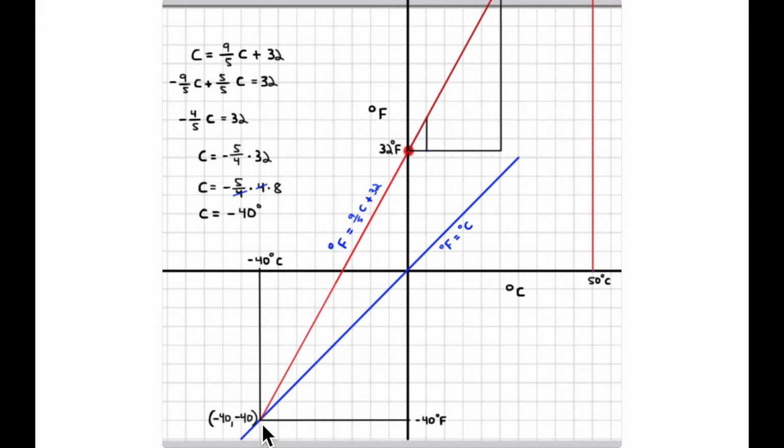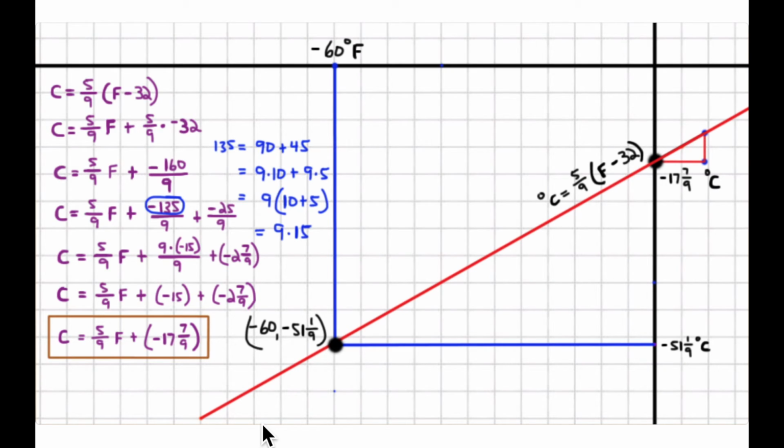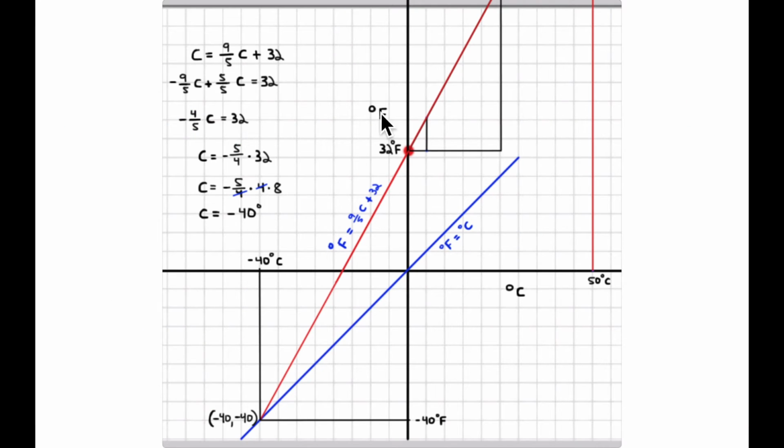So it makes sense. Now if you flip this around, and you look at this graph in terms of Celsius in terms of Fahrenheit, now Fahrenheit is going to be on the x-axis. A moment ago, Celsius was on the x-axis because this was written in terms of degrees Celsius.